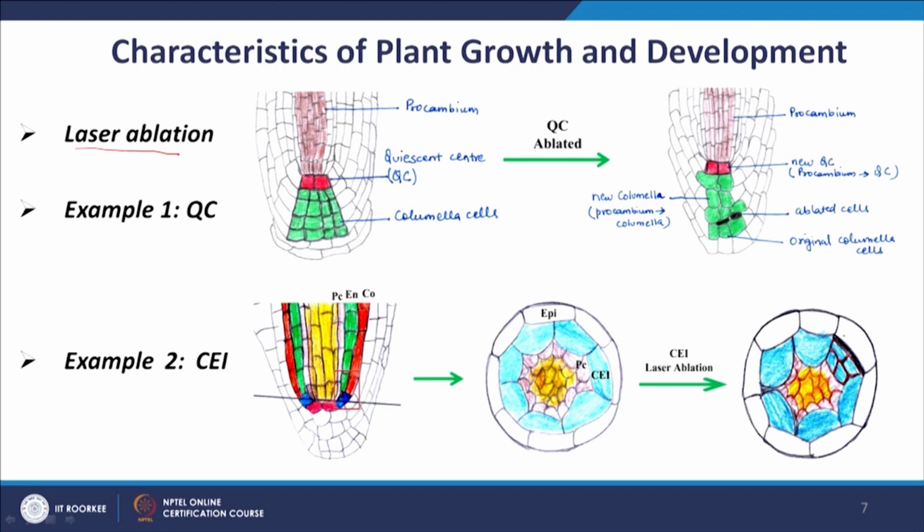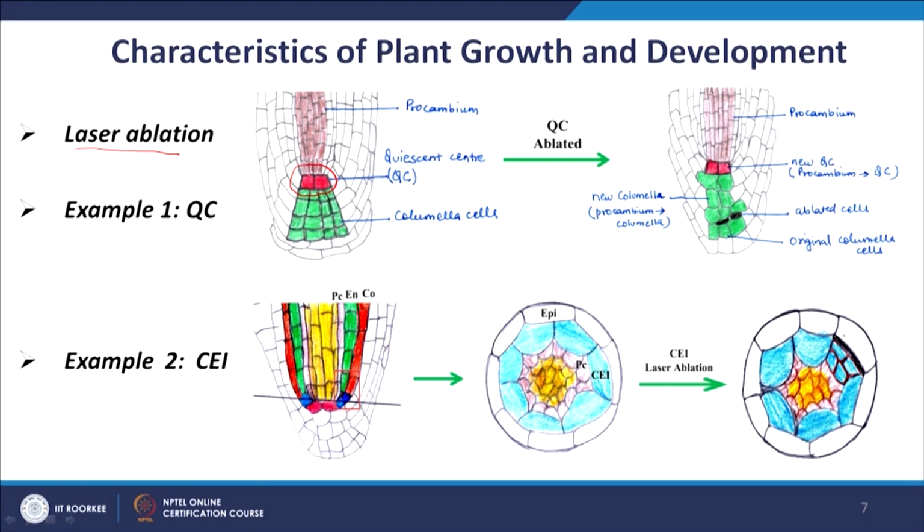This is a typical root apical meristem. In the root apical meristem, these cells are very important because they pass the information needed to maintain the stem cell niche. All the cells which are directly in contact with the QC have meristematic capability.